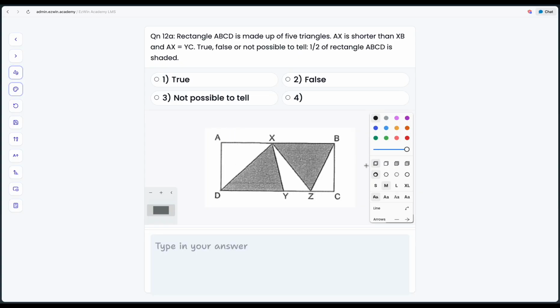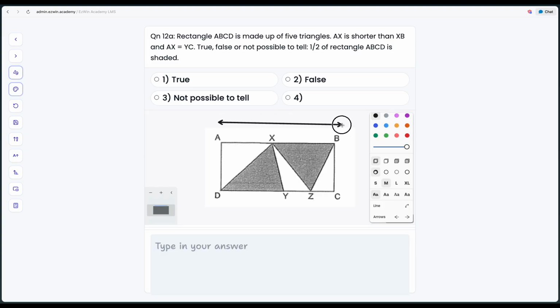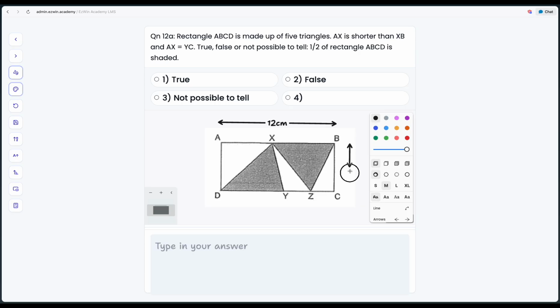So what we can do is we can actually just assume certain things. So for example, let's say that this whole thing is 12 centimeters. And to make this a little bit easier, this will just be 4 centimeters.